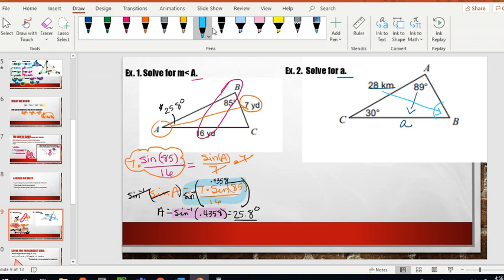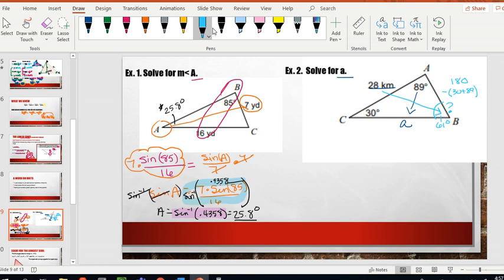So I need to know this angle. And I had kids tell me today, Miss Butel, you can just take 180 minus those two together, right? Minus 30 plus 89, absolutely. So that's going to give you, let's see, 61 degrees.